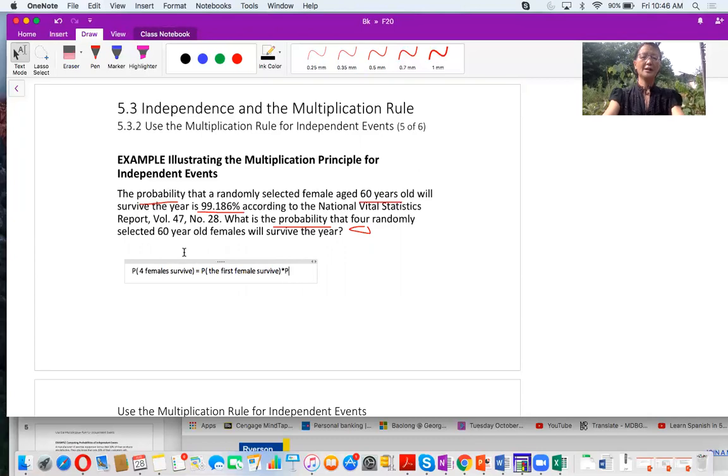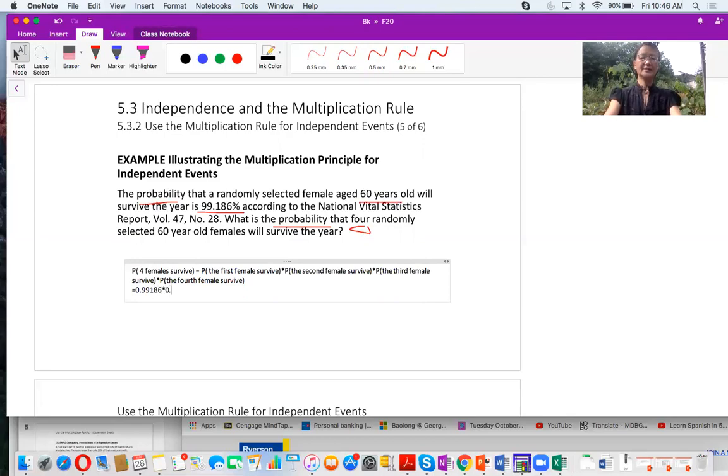Okay. Multiply the probability the second female survive. Multiply the probability of the third female survive. And multiply the probability of the fourth female survive. Okay, and this is equal to the first woman survive is 0.99186.